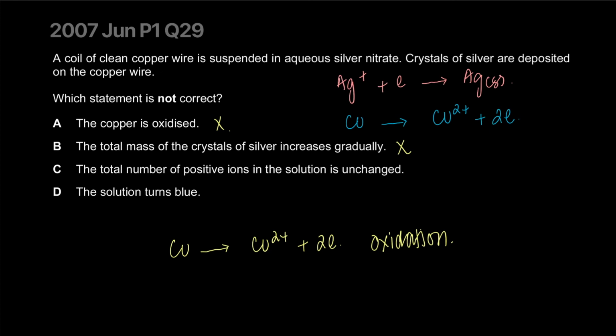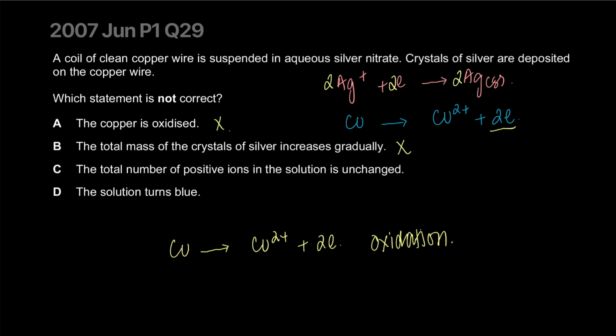So as copper is producing electrons, silver has to take those electrons, and the net exchange should follow a balance, right? Over here there need to be 2 electrons, which will be consumed by 2 silver ions to produce 2 silver.